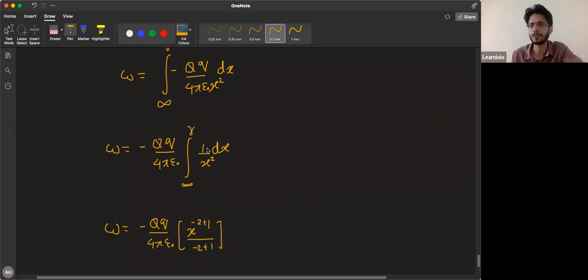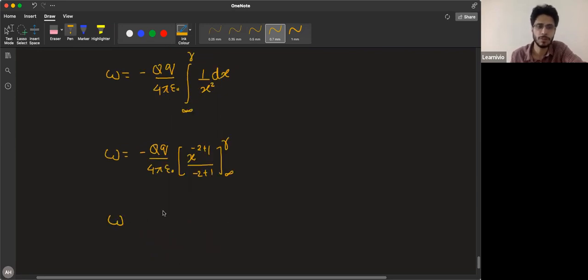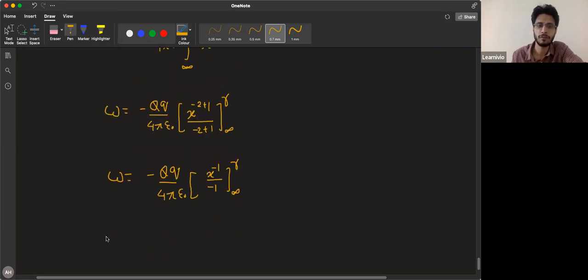You can write 1 by x squared as x to the power minus 2, and the limit is from infinity to r. So this is the work done by external force. Minus 2 plus 1 is minus 1, so x to the power minus 1. Negative and negative become positive. So work done is Qq over 4 pi epsilon naught times 1 over x, with limit from infinity to r.